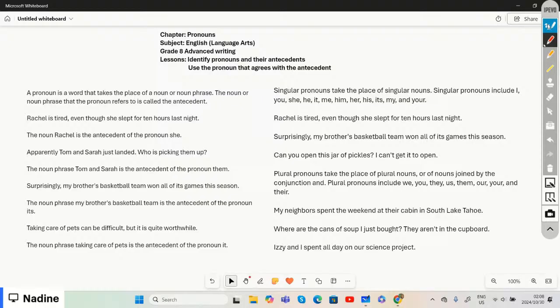And if we look at an example, it says, Rachel is tired, even though she slept for 10 hours.